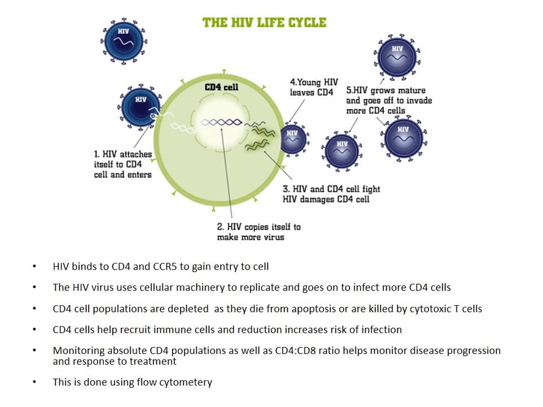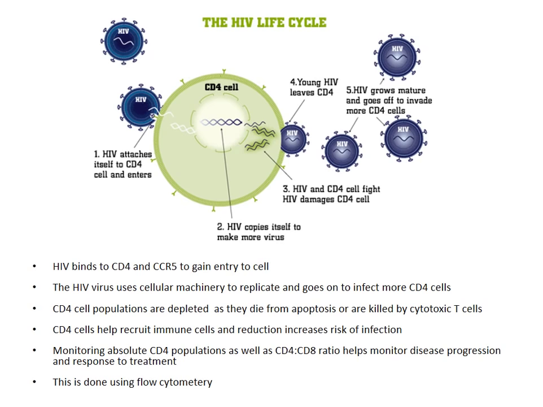So the HIV infection life cycle is detailed here. As you see, HIV will bind to the CD4 receptor and CCR5 receptor of CD4 cells to gain entry. The HIV virus then uses the cell's machinery to replicate, and once it replicates, it subsequently goes on to infect more CD4 helper cells.